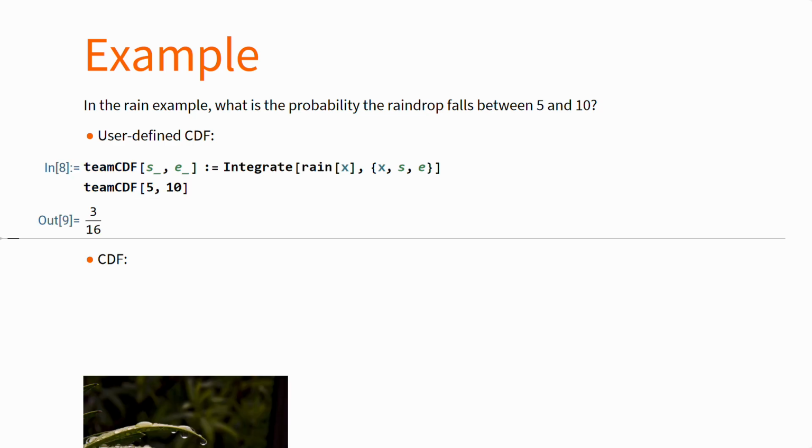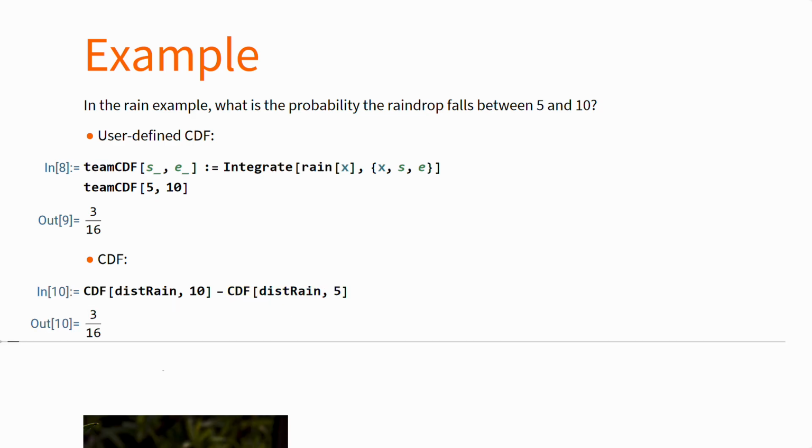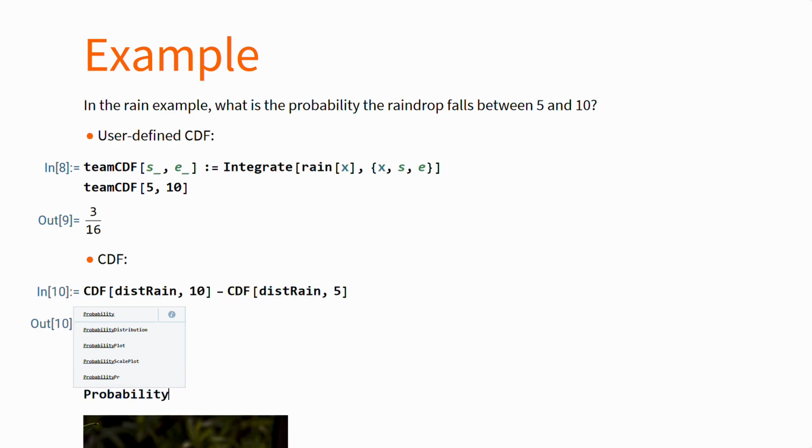Second, use the CDF of the distribution. Since taking the CDF can by default only go from the beginning to I, you can artificially get the probability from A to B by taking the CDF of B minus the CDF of A, as shown here. Most intuitively, you can use the probability function between 5 and 10 to get this result.